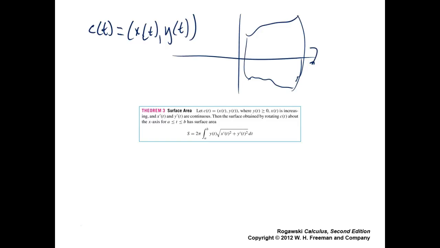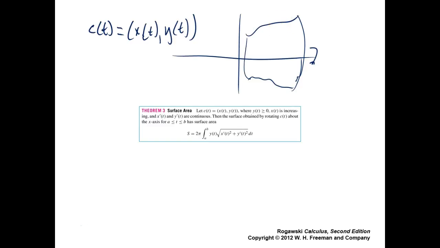Now, the surface area is given by equation 4 in the next theorem, which is right here. It can be derived in much the same way as the formula for the surface of revolution of the graph y equals f of x way back in section 8.1, last term. In this theorem, we assume that y of t is always greater than or equal to 0, which I drew that way.